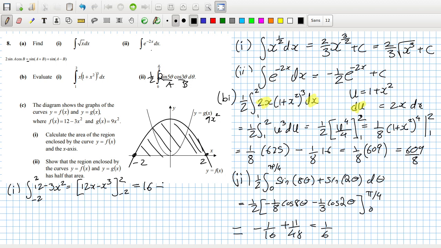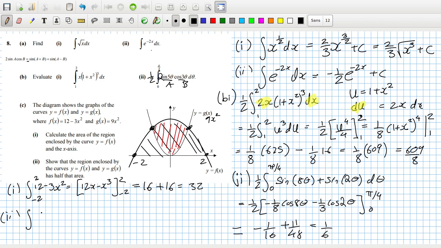So that's 32. Okay, and then show that the region enclosed by the curves f and g has half the area. So we just want this area here. It's supposed to be 16. This area here would be this point to this point.